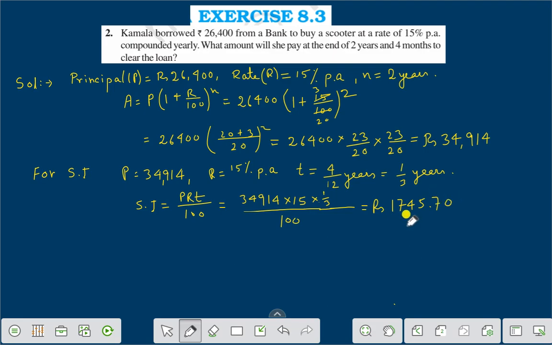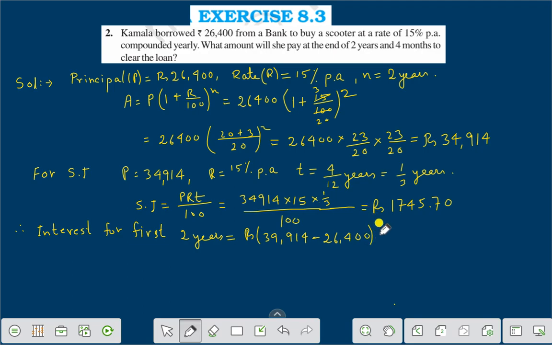Therefore, interest for the first 2 years is equal to amount minus principal, that is A minus P. Amount is 34,914 minus principal 26,400.